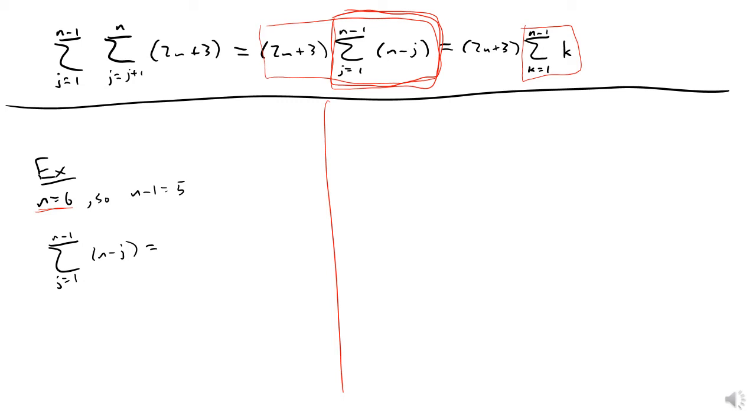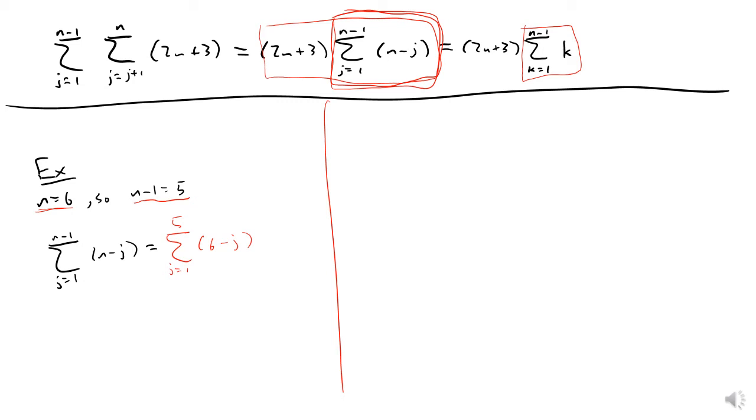So if I'm doing the sum from j equals 1 to n minus 1, well, if n is 6, n minus 1 is 5. So I'm doing the sum from j equals 1 to 5 of, well, we know what n is, 6 minus j.